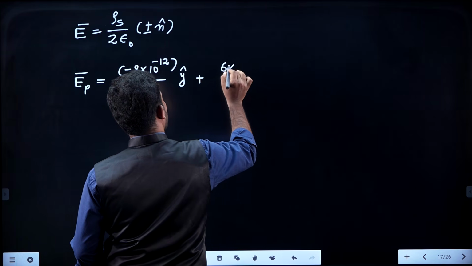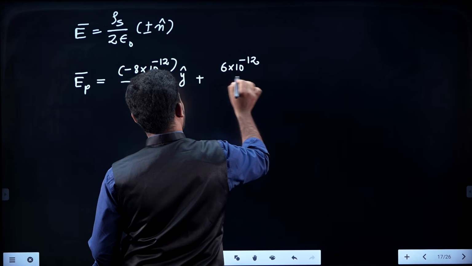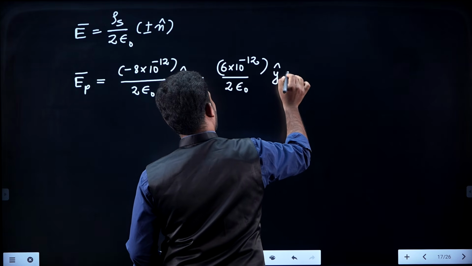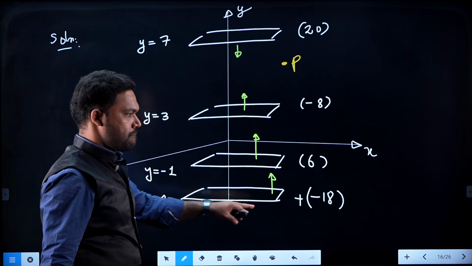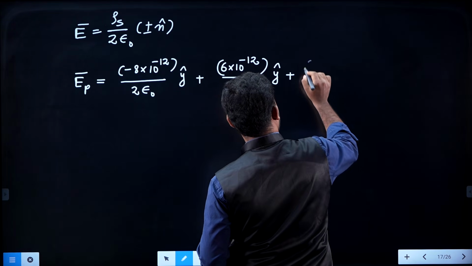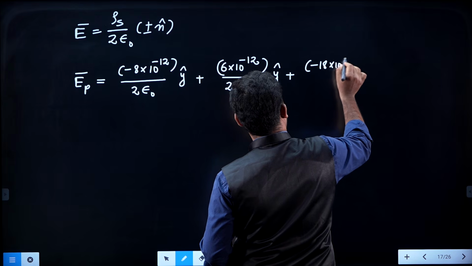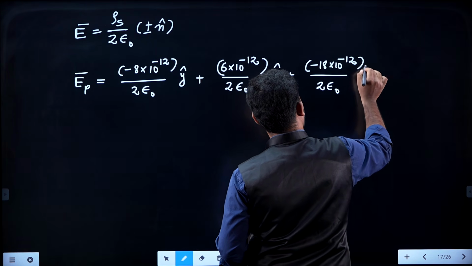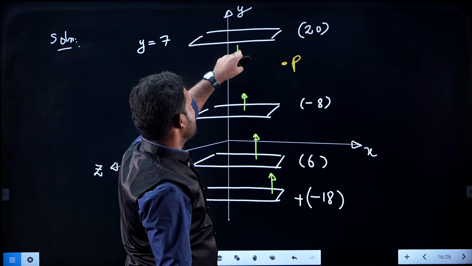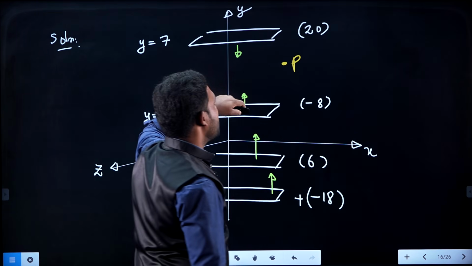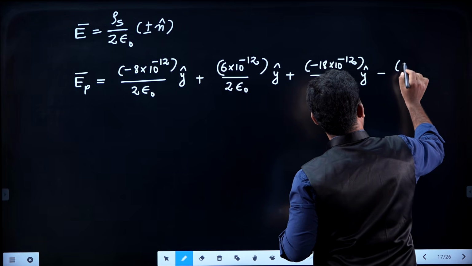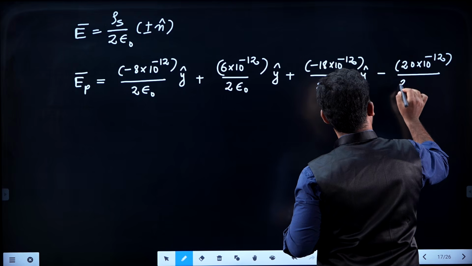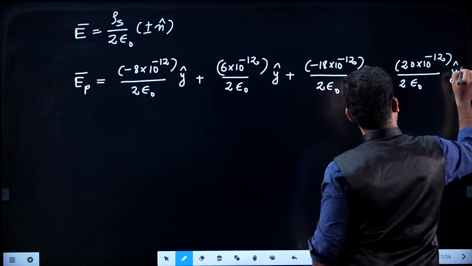So, it is 6 into 10 to the power of minus 12 divided by 2 epsilon naught into y cap, plus minus 18 into 10 to the power of minus 12 divided by 2 epsilon naught y cap. And due to this one, the electric field is pointing downwards, that is in the negative y direction. So, it is minus of 20 into 10 to the power of minus 12 divided by 2 epsilon naught y cap.